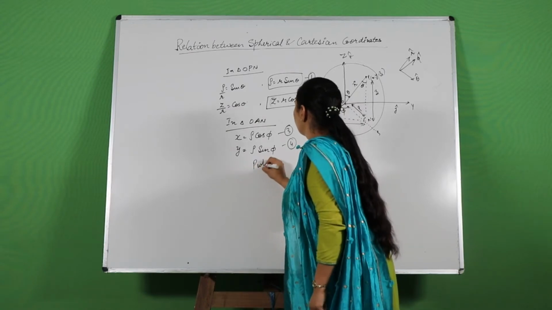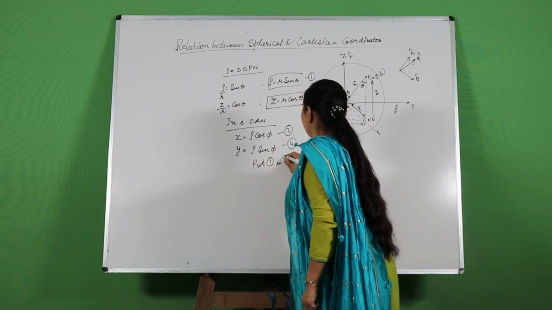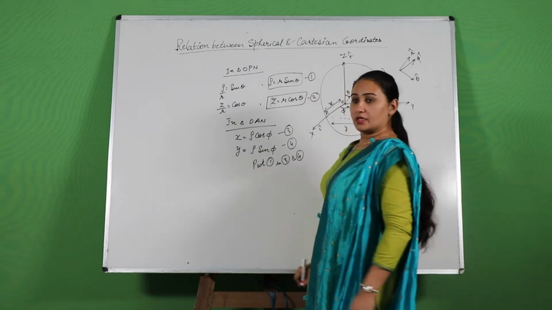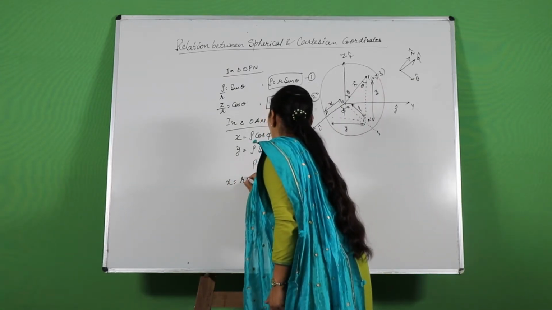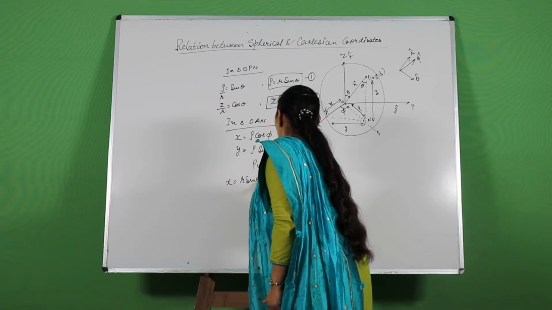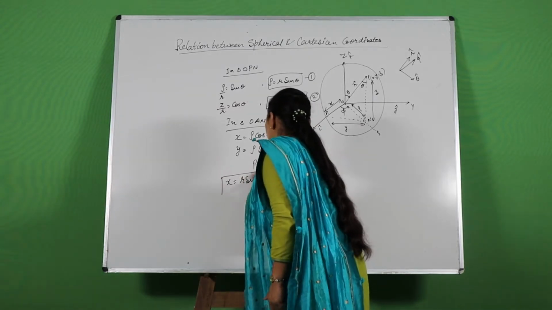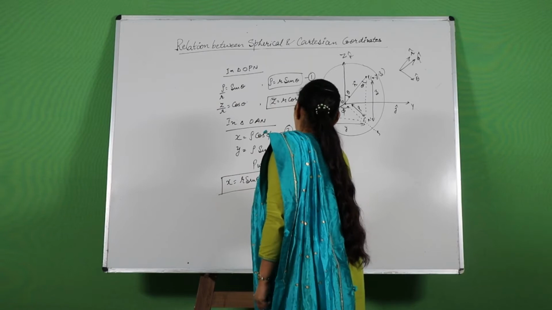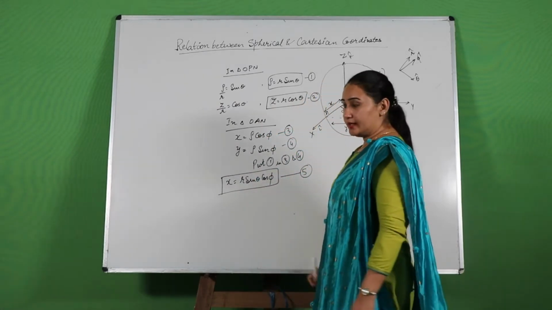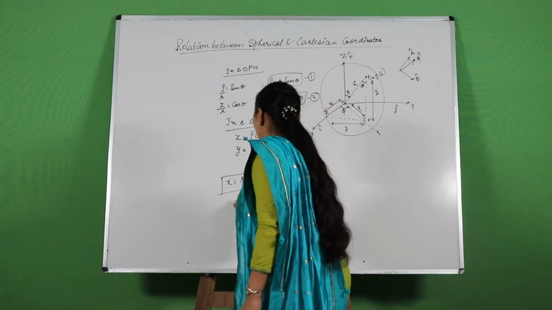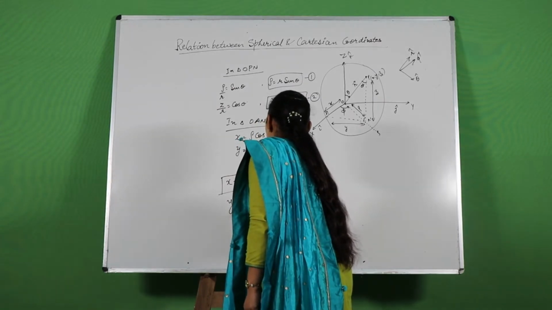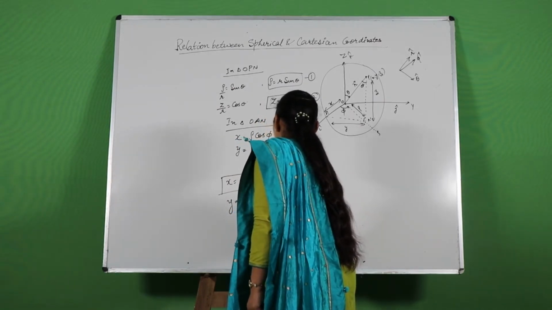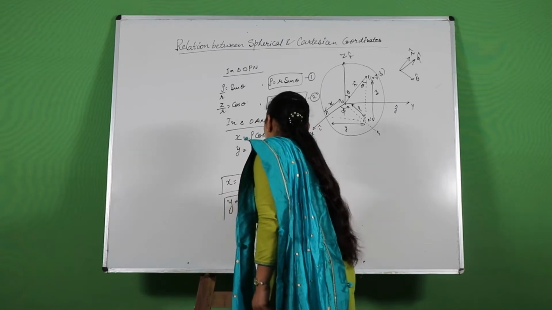Now you put 1 in 3 and you will get x is equal to r sin theta cos phi. This is your fifth equation, and when you put 1 in 4 you will get y is equal to r sin theta sin phi.